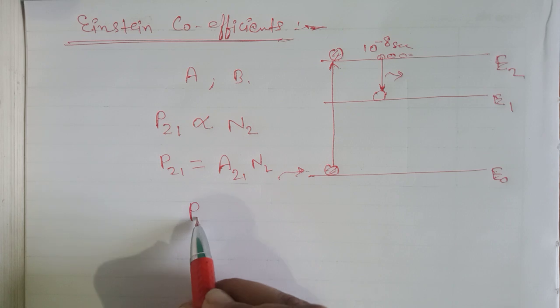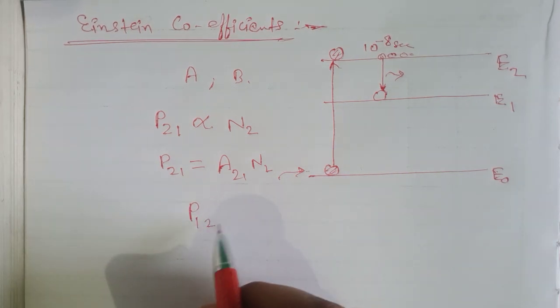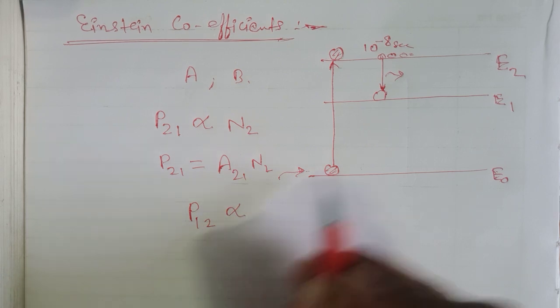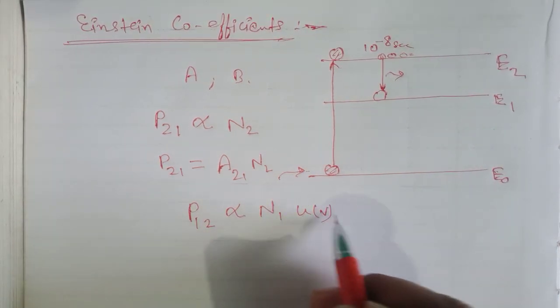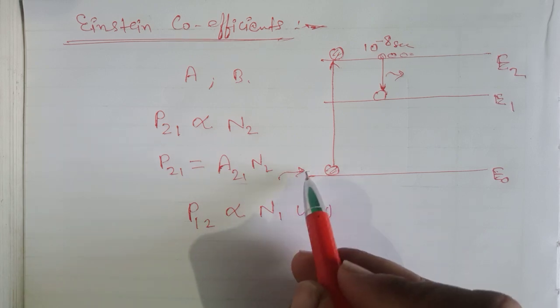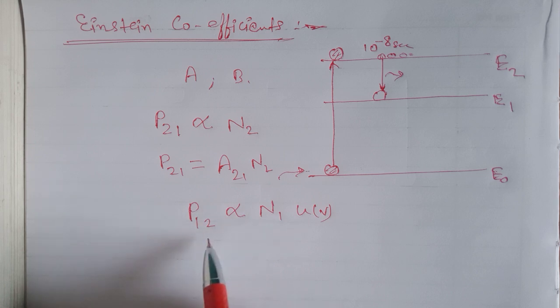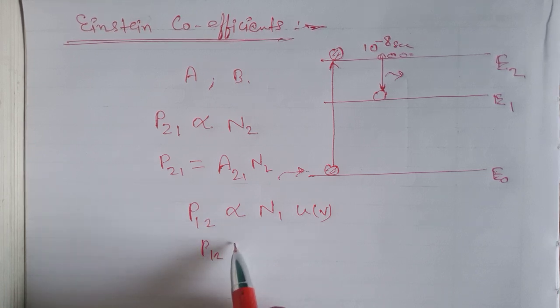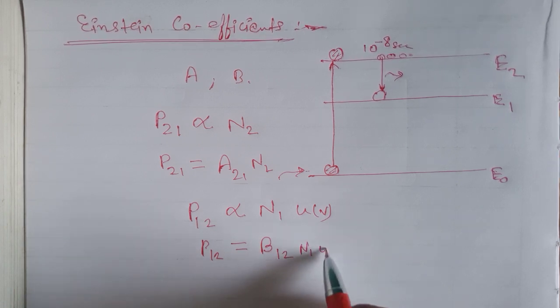So the probability of rate of absorption from 1 to 2 is directly proportional to number of atoms present in the ground state and Uv, the energy density of radiation. So when this proportional sign is removed and we put the equal sign, then some constant is put, that is called B12. B12 is the Einstein's coefficient of rate of absorption of radiation, right?